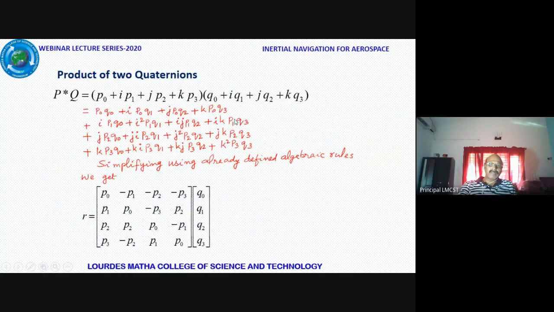Now, before that, suppose two quaternions are given. P is a quaternion, P0, P1, P2, P3, and Q is a quaternion, Q0, Q1, Q2, Q3, and the product is simply algebraically expanded. I have simply taken P0 into the first term, P0 into the second term, the third term, the fourth term, then the next term into the first term, into the second term. That's what is written, nothing more.